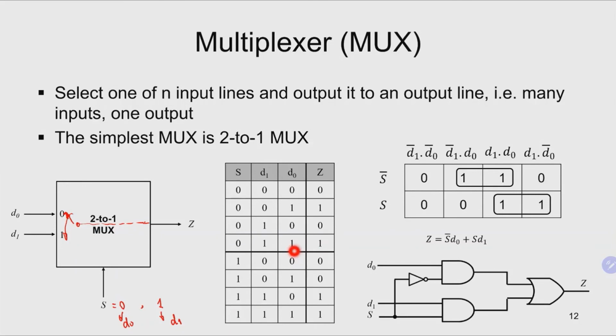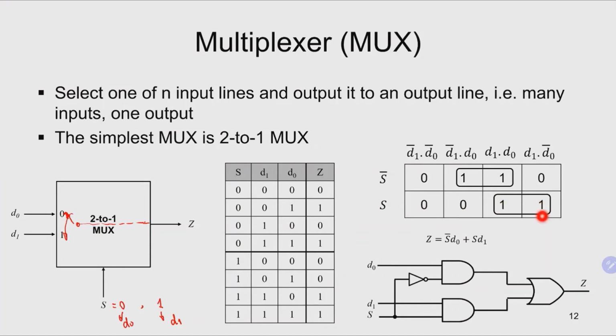With this, we can put it onto our K-map and then minimize the function to work out the combinational logic circuit for that function. Putting it onto our K-map: 0, 1, 0, 1, and then 0, 0, 1, 1.